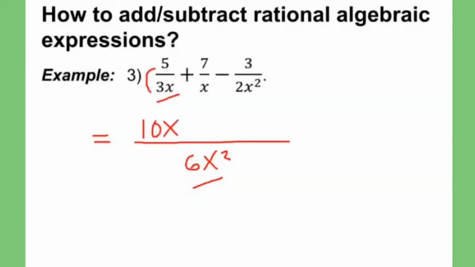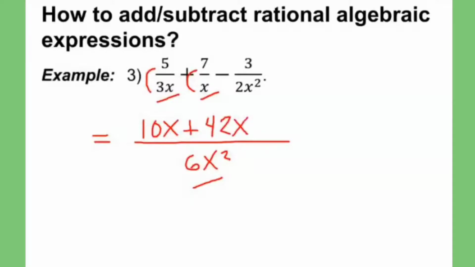Next, 6x squared divided by x. The answer would be 6x. And we multiply the result to the numerator 7. So 6x times 7, that is equal to 42x. So we just copy plus sign, then 42x.